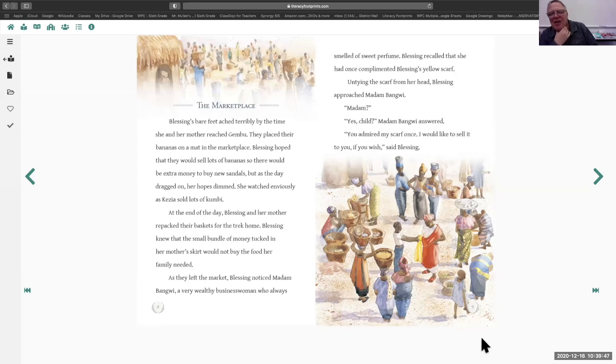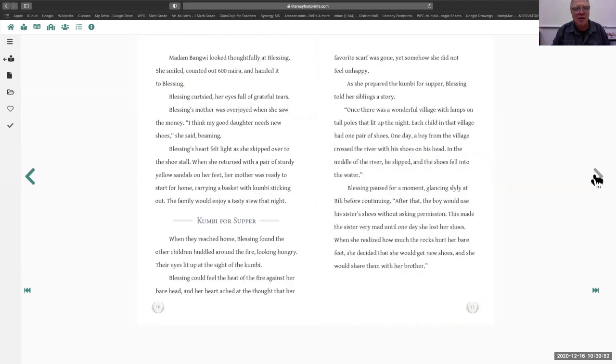"You admired my scarf once. I would like to sell it to you if you wish," said Blessing. Madame Bangui looked thoughtfully at Blessing. She smiled, counted out 16 naira, and handed it to Blessing. Blessing curtsied, her eyes full of grateful tears.